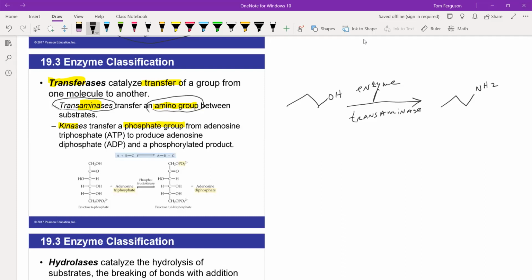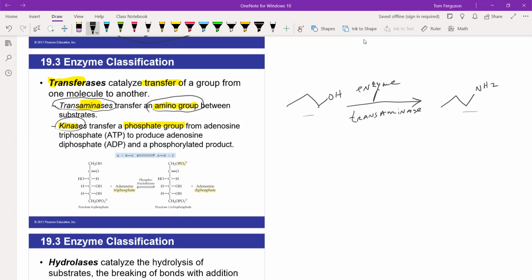Okay, so step number one is to figure out, looking at the substrate and product, what's being done, and that will determine enzyme classification. Kinase transfers a phosphate group, and that's classic when we're talking about ATP and ADP.